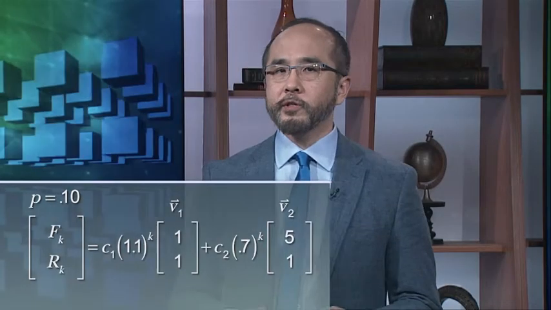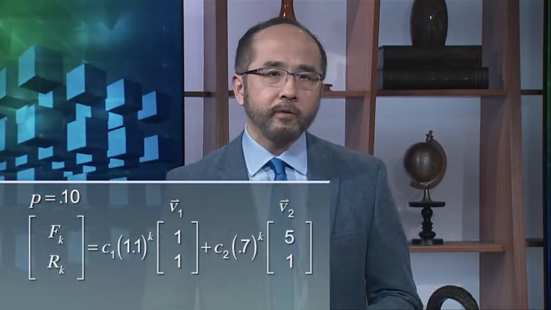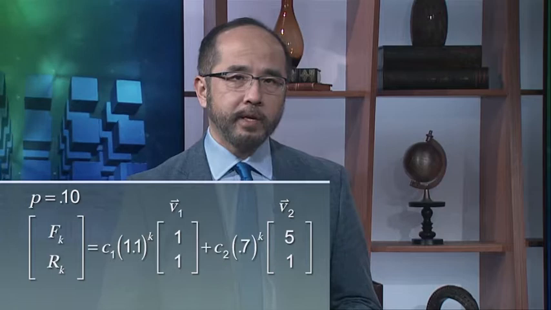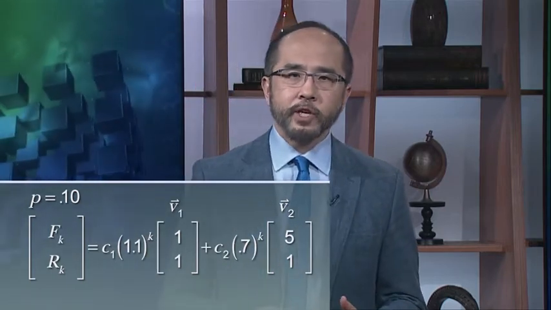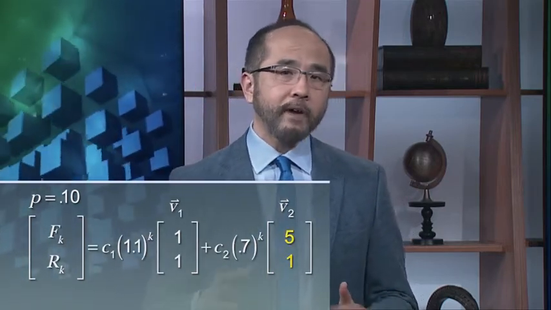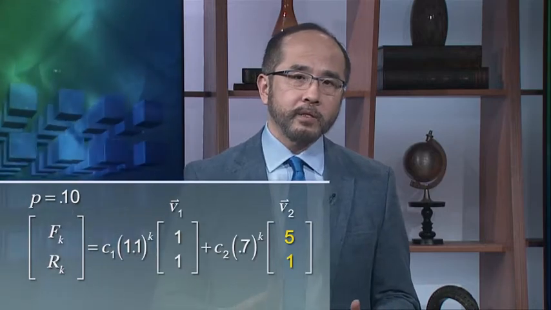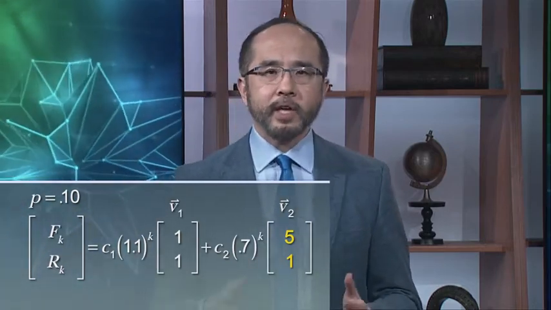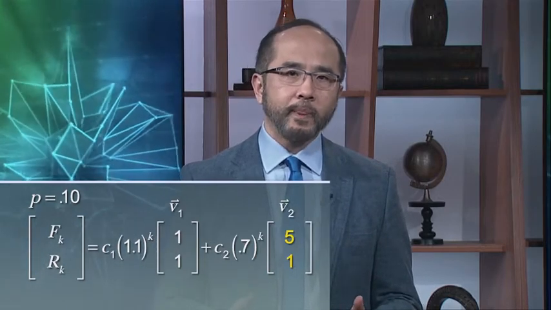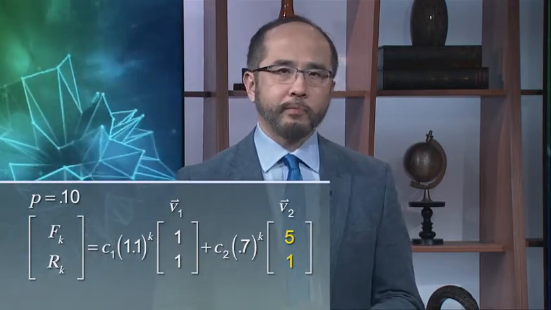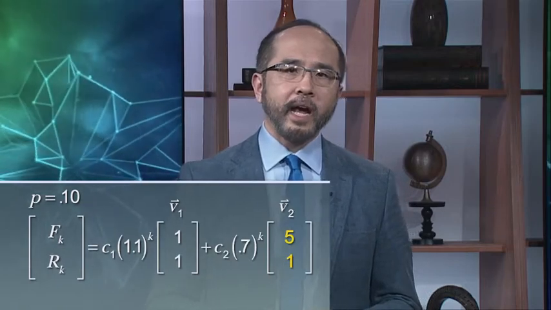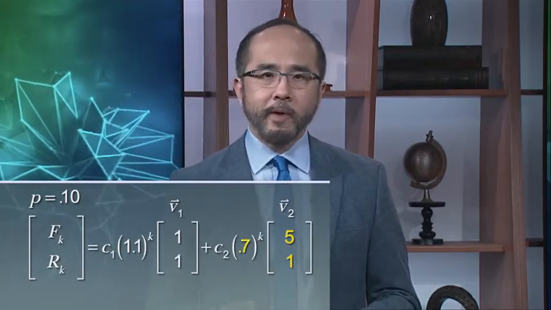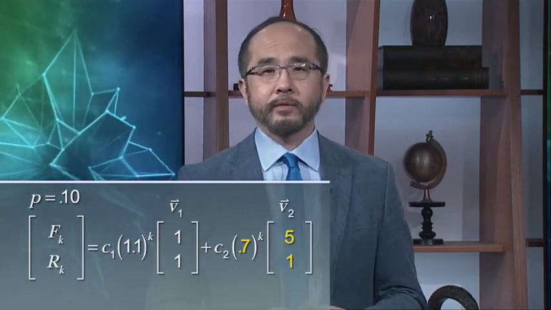So the fox and rabbit populations over time will grow and flourish. But if you start with initial condition where C1 is 0, then the initial population lies along the 0.7 eigenspace, which means the initial ratio of foxes to rabbits is 5 to 1, since the eigenvector is (5, 1). In that case, the populations each time will decrease by 30% because the eigenvalue is 0.7, but the ratio will remain 5 to 1.